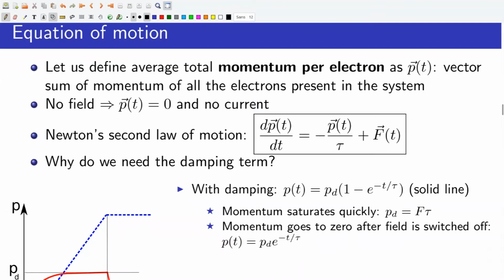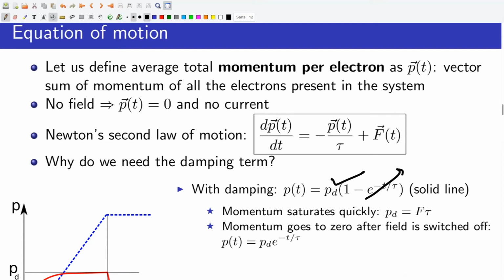Let us see whether the damping term helps us to remove the inconsistency. With damping, the solution of this equation looks like this. Now you see in this equation, as t increases, this term becomes insignificant.